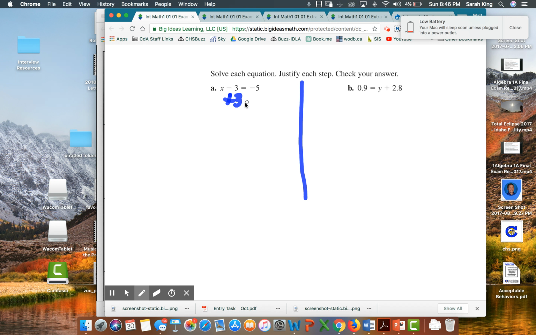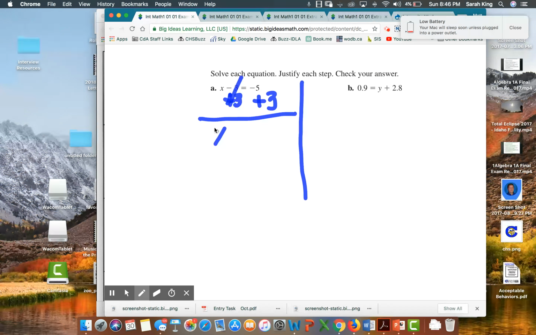Whatever I do to one side of the equation, I must do to the other side as well. So I'm going to add 3 to both sides. That allows me to cross these out, because -3 plus 3 would turn into 0. I don't write down 0 because we don't need to show that level of work every time. Instead, it just goes away, so we cross them out like that.